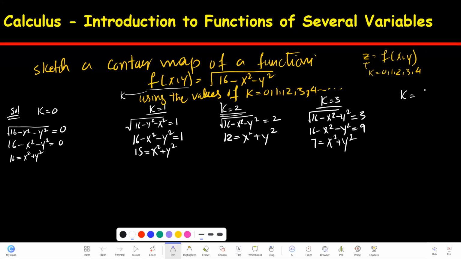And k equals 4 is going to be 16 minus x squared minus y squared equals 4. And here 16 minus x squared minus y squared equals 16. The 16s cancel. X squared plus y squared equals 0.